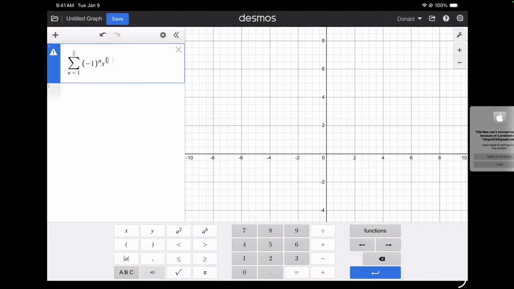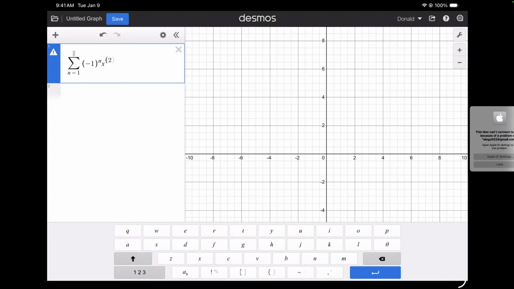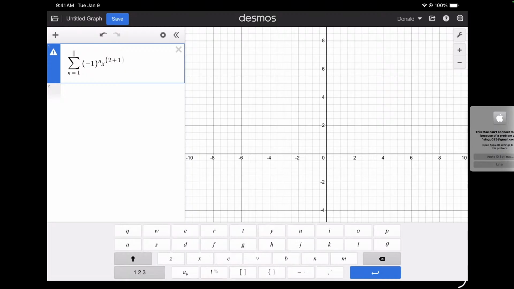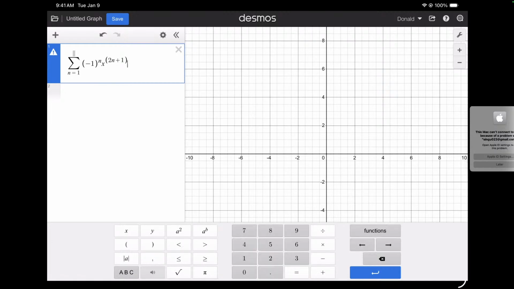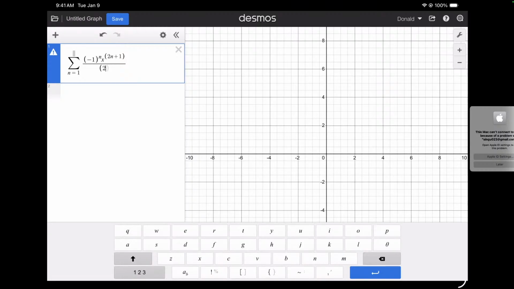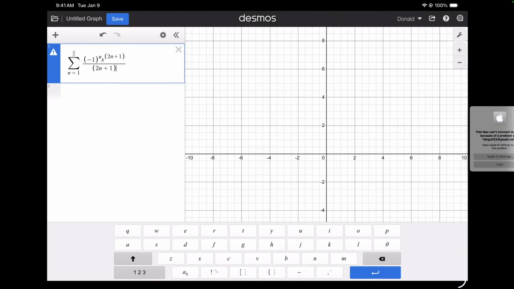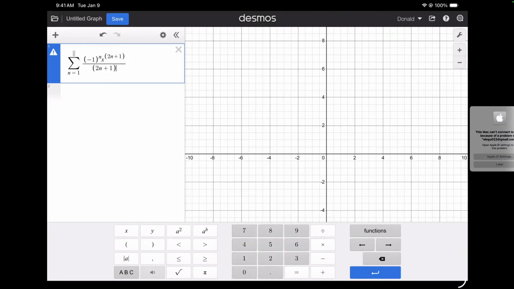Good. And the initial condition for n is 0, not 1.